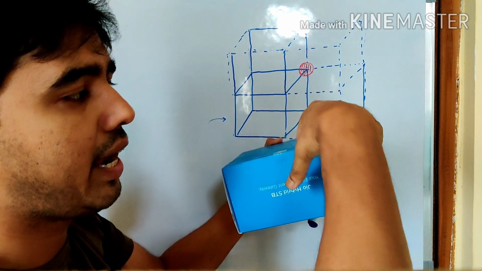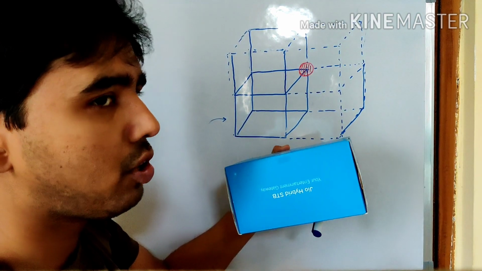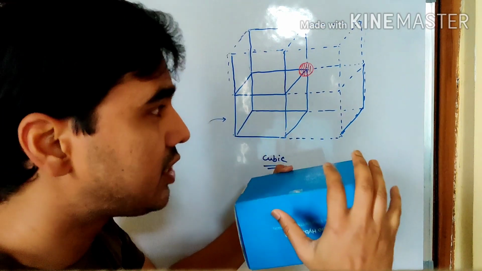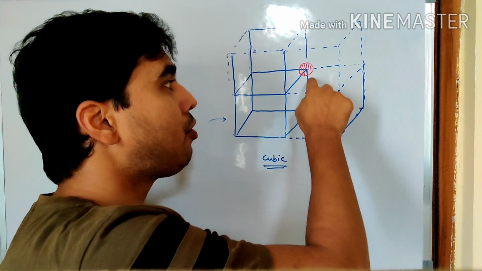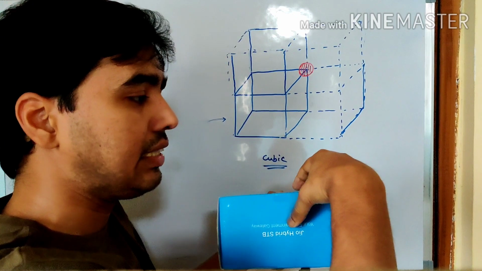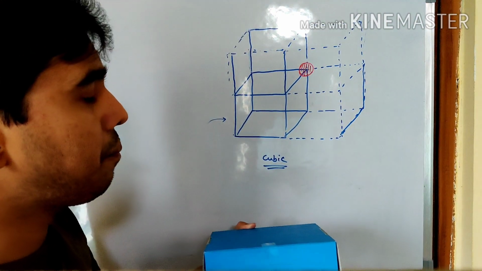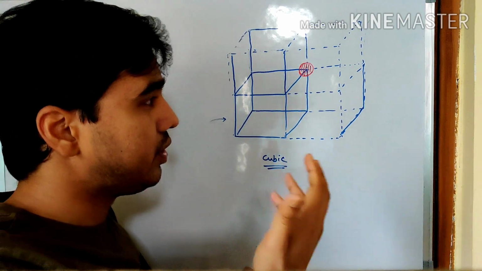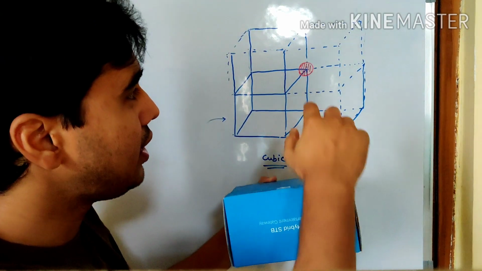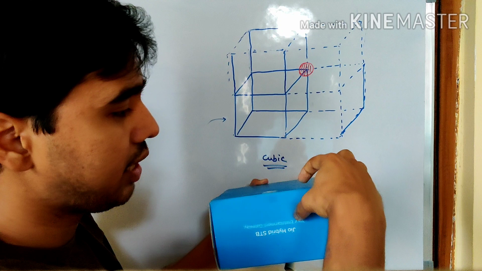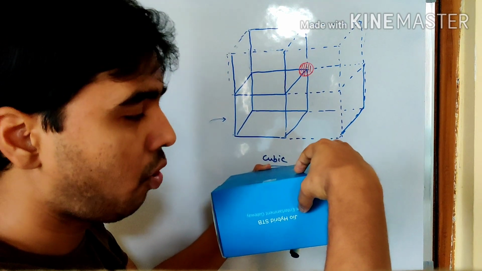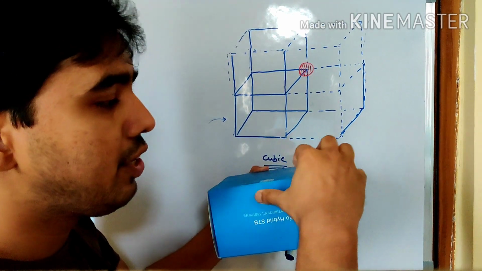The part of my hand will be outside of this box, of this cube. What does it mean? A substantial amount of the part of this atom is out of the actual unit cell. So let us see that with the help of a video, that actually how much part of this atom or the ball is within this cubical unit cell.